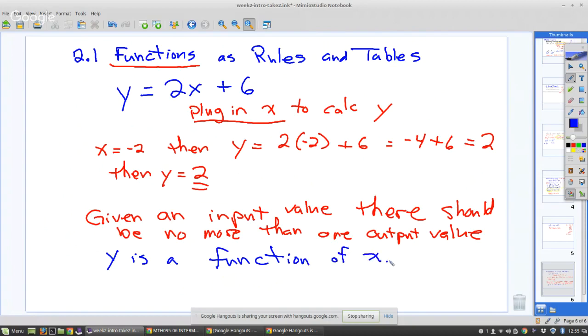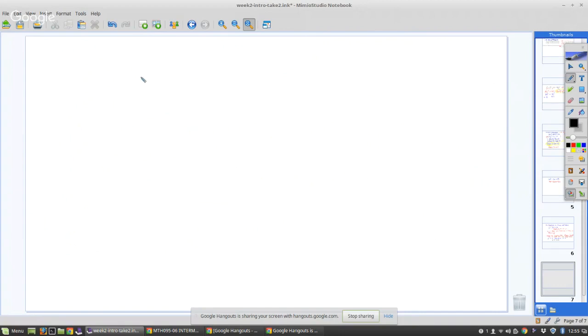Now, that's a lot of words for math, and so math people like to abbreviate things. So to abbreviate that sentence, y is a function of x, we would say f of x. And so instead of writing y equals 2x plus 6, since y and f of x mean the same thing, you'll see this a lot now, things like f of x equals 2x plus 6.